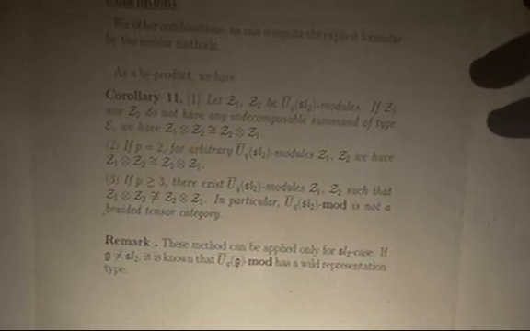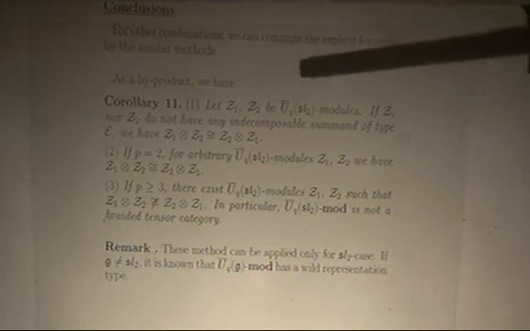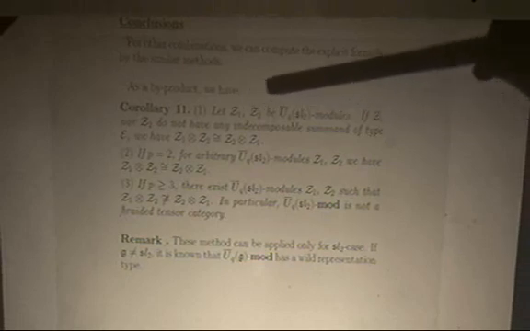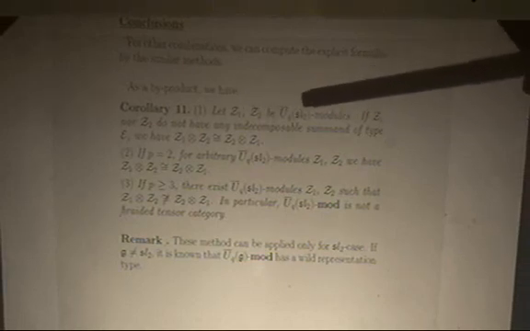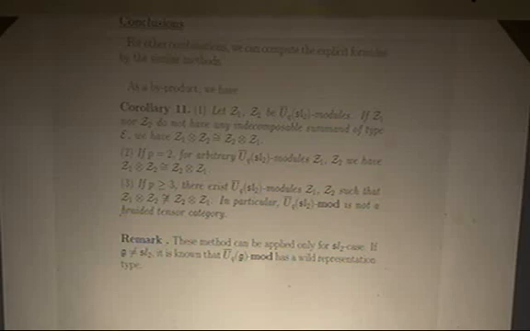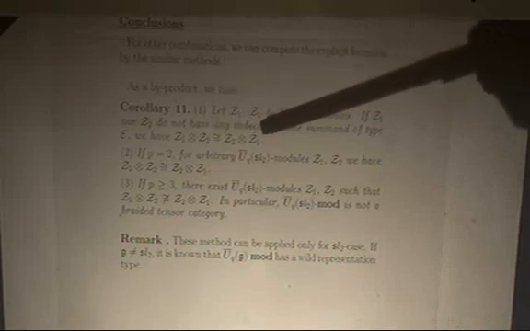As a byproduct, we have the following. Let Z1 and Z2 be U_q(sl2) bar modules. If Z1 or Z2 does not have any indecomposable summand of type E, corresponding to a regular module in the Kronecker quiver, we have Z1 tensor Z2 isomorphic to Z2 tensor Z1.